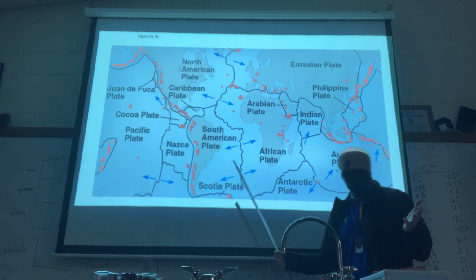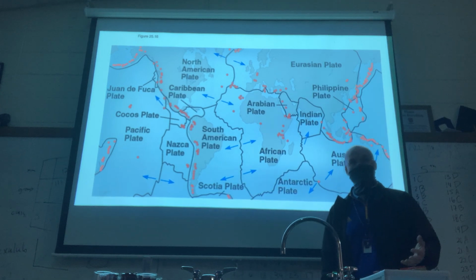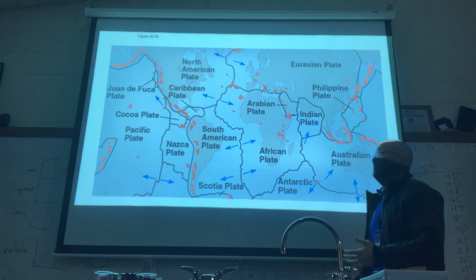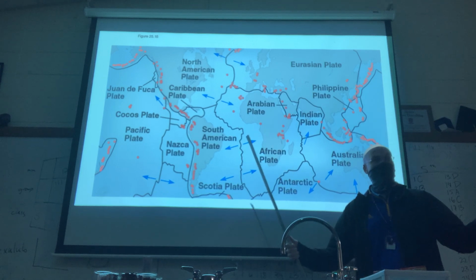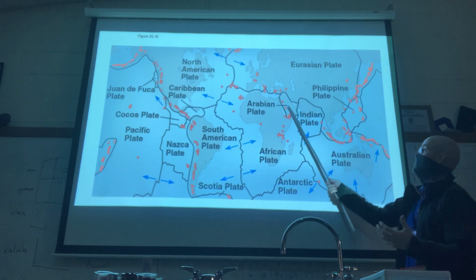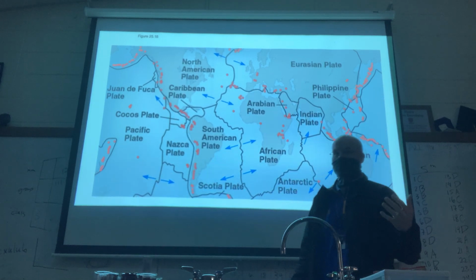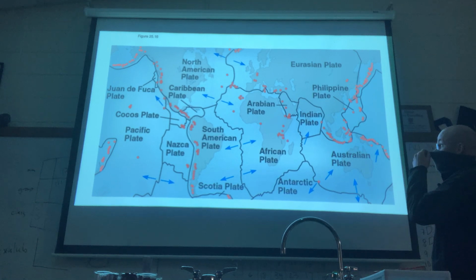Now, in terms of major global influences that we think have had effects on speciation and on extinction are tectonic plates and continental drift. The whole crust of the Earth is divided into these various plates that have all been mapped out and named over the last 100 years or so.